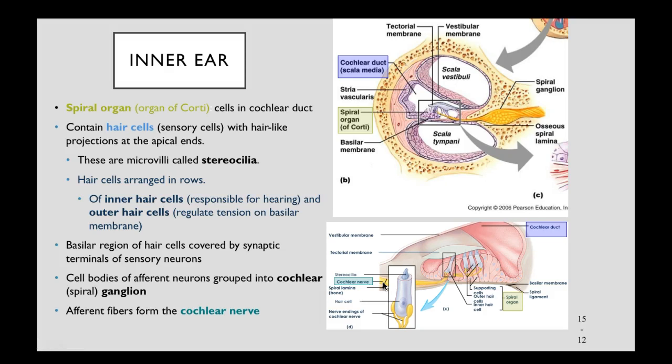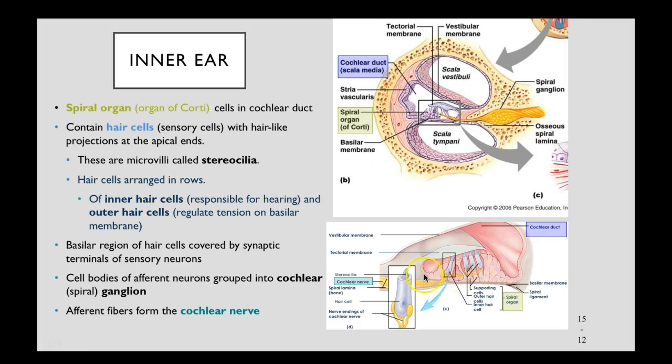So there are two different types of hair cells. We have our inner hair cells that are responsible for hearing, that will send fibers through our cochlear nerve. And we also have some outer hair cells represented over here. And these are connected to some supportive cells over here that lie upon the basilar membrane and are responsible for regulating the tension on our basilar membrane.